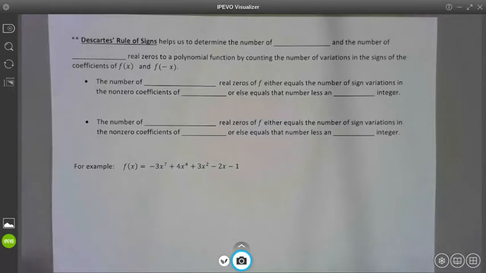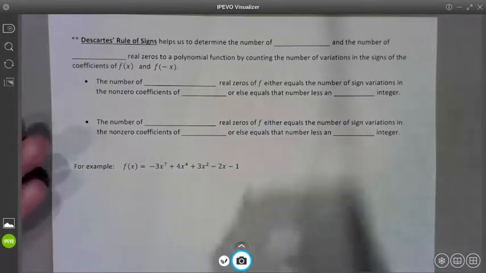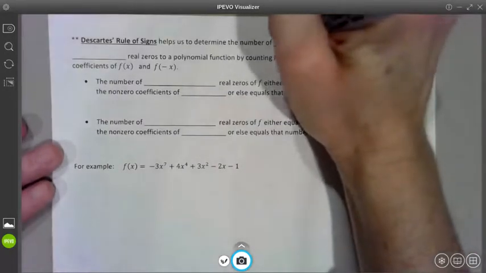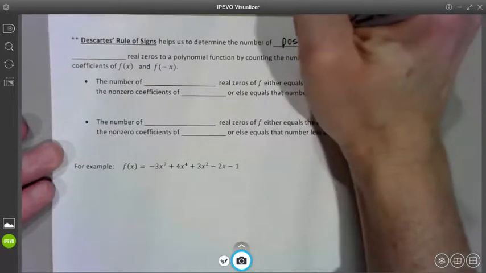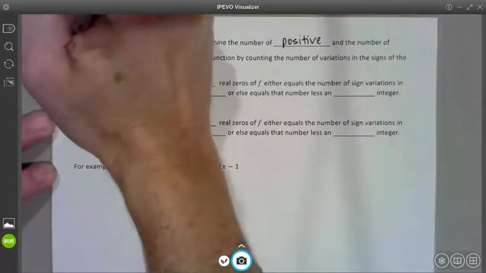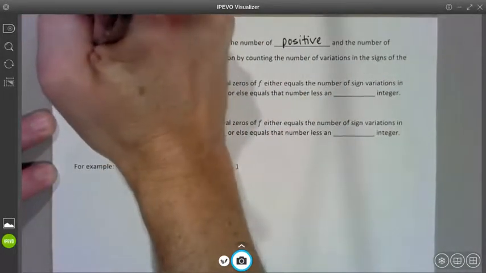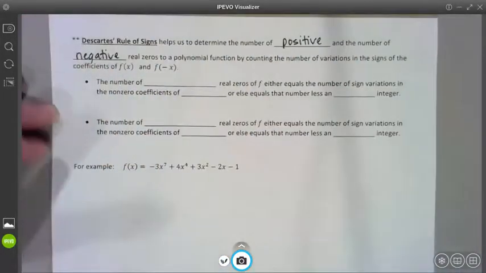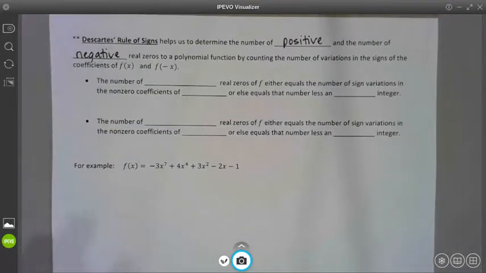So Descartes' rule of signs helps us determine the number of positive and the number of negative real zeros to a polynomial function by counting the number of variations in the signs of the coefficients of f of x and f of the opposite of x, okay?